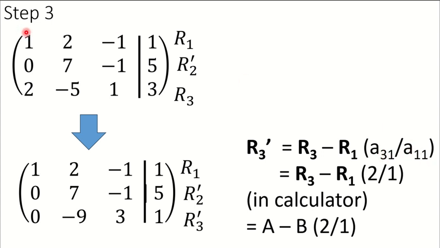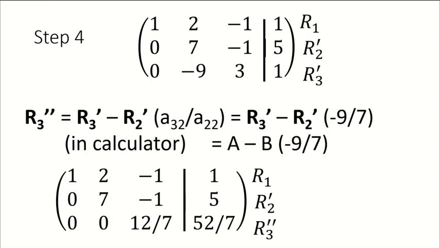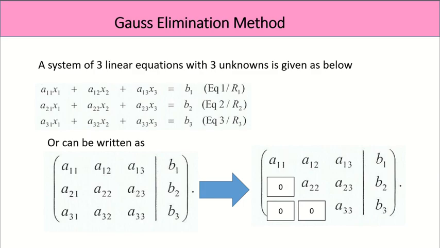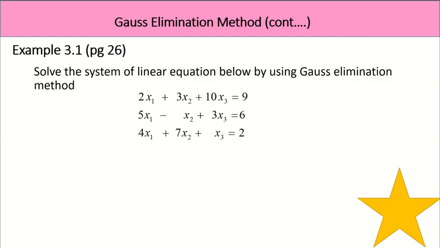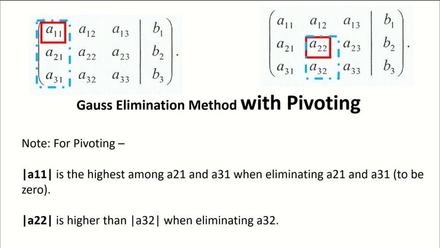So if A11 is 0, you're facing a problem because you're going to have something divided by 0, so you're going to get infinity. So apparently like this, you cannot use the Gauss elimination. So that's why there's an improved method we call the Gauss elimination method with pivoting.